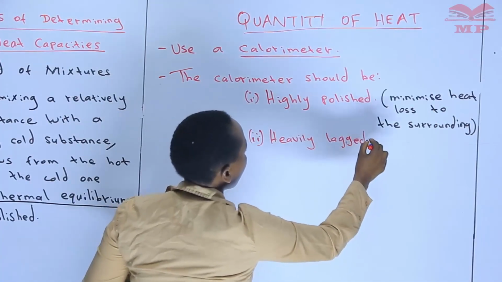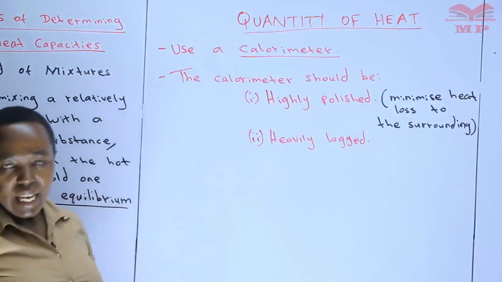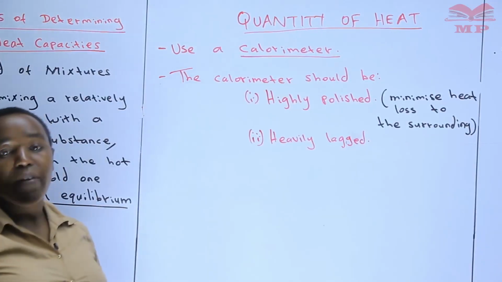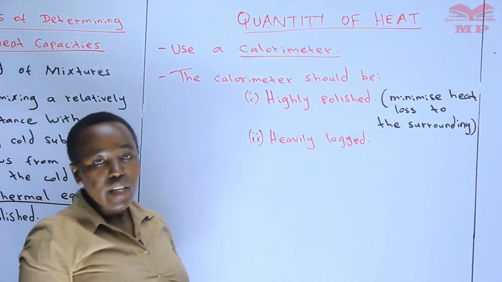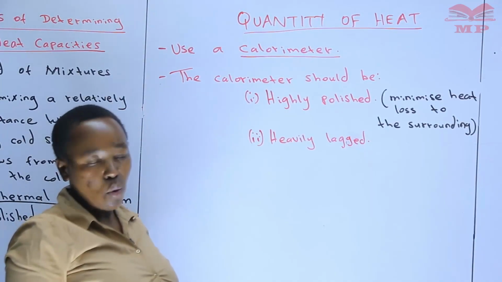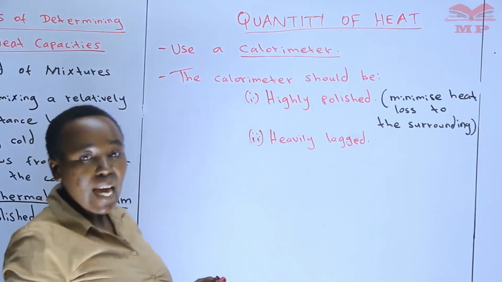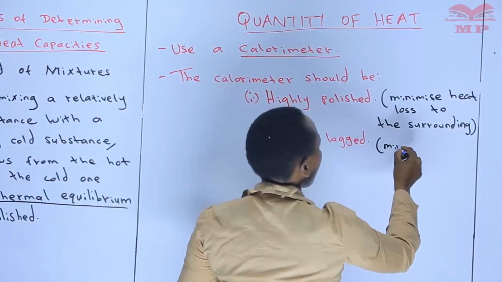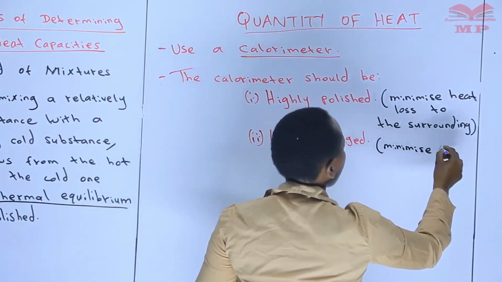We also learned about lagging in heat transfer, where we say that lagging is covering the good conductors of heat with insulators to minimize heat loss. So it is heavily lagged, again to minimize heat loss.